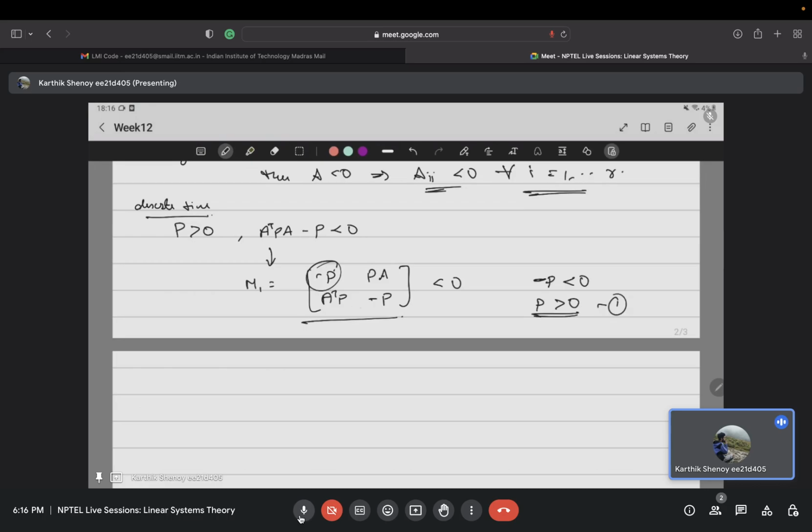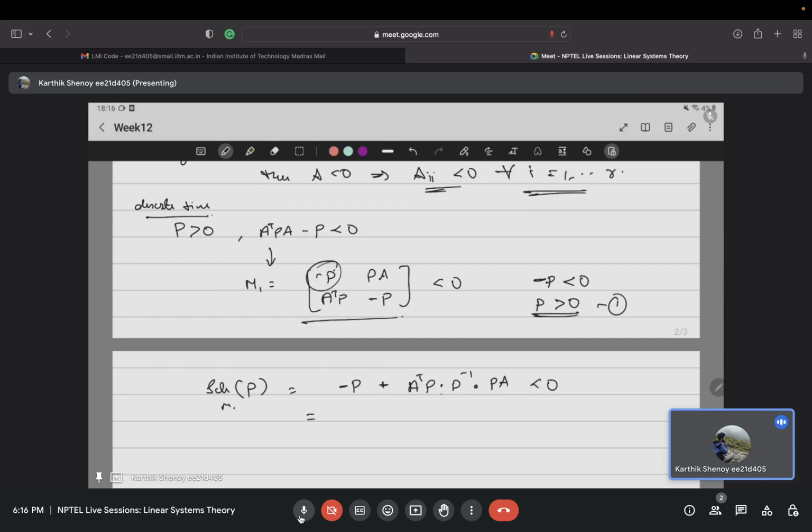And what is the Schur complement of this M1? So, for the M1 matrix, the Schur of minus P is equal to minus P minus A transpose P into P inverse. Okay. So, there will be a negative here. So, times P into A is negative.